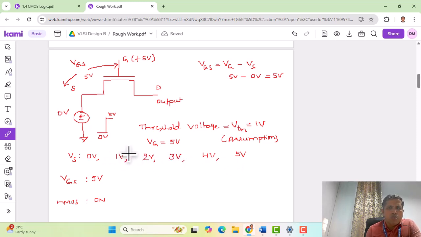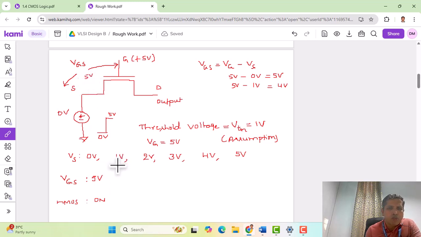And let us go with the series of voltages shown here. When Vs is equal to 1 volt, Vg remains the same, so VGS now becomes 4 volts. So this is 5 volts minus 1 volt, which becomes 4 volts. Now 5 has changed to 4.